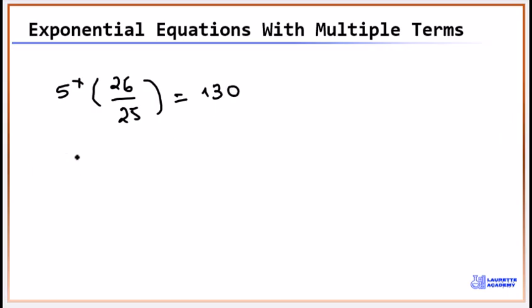Now we multiply both sides of the equation by 25.